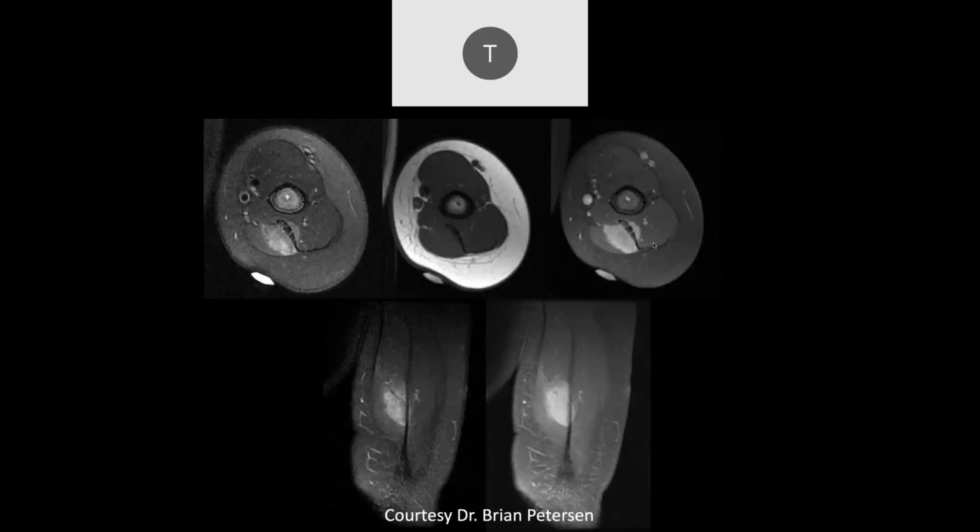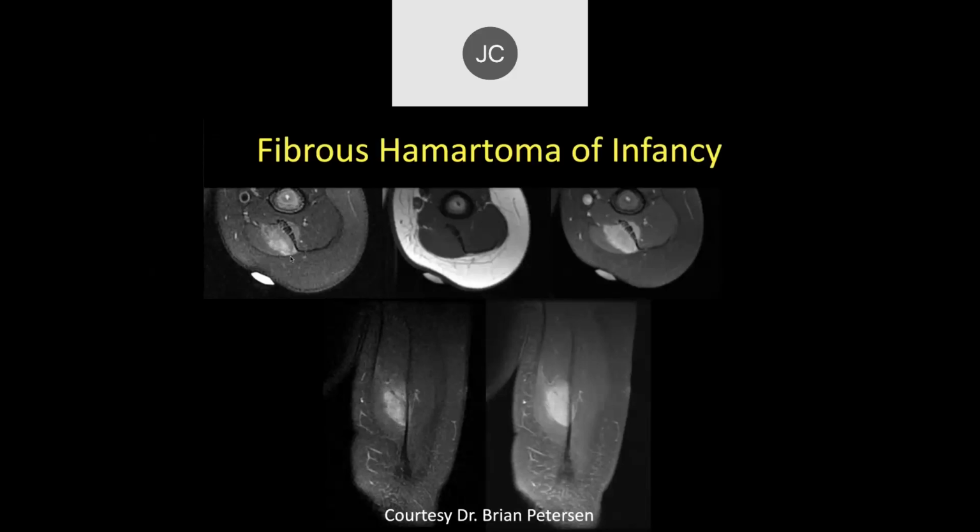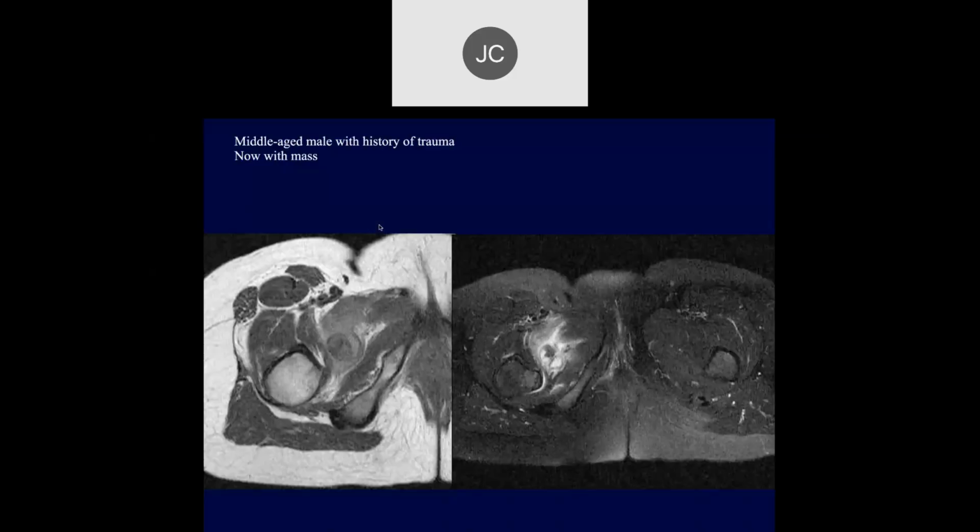In the triceps muscle surrounding that tendon, there's a lesion with contrast enhancement, not very voluminous, just some focal enhancement. Yeah, with a little bit of irregular margins and a little bit of indistinctness of the margin boundaries there. And this was a fibrous hamartoma of infancy. Okay.